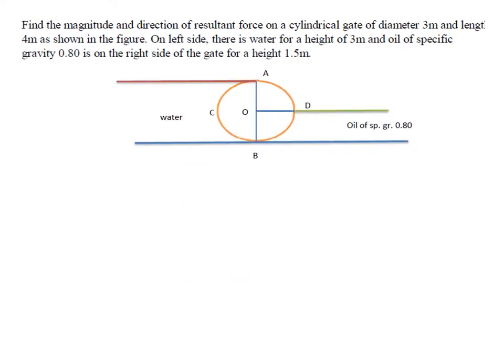This is a cylindrical gate of diameter 3 meters. That means AB is 3 meters, or CD is 3 meters, and the length perpendicular to the screen is 4 meters. That is the length of the cylindrical gate. On one side, the left side, there is water for a height of 3 meters, and on the other side there is oil of specific gravity 0.8 for a height of 1.5 meters.